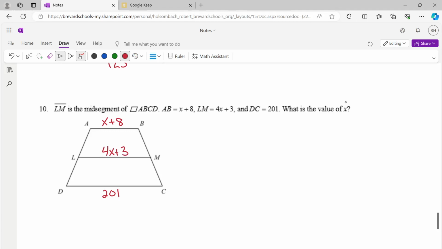What is the value of x? So the length of the midsegment, 4x plus 3, is equal to the average length of the bases. Well, the average length of the bases is going to be x plus 8 plus 201 divided by 2.